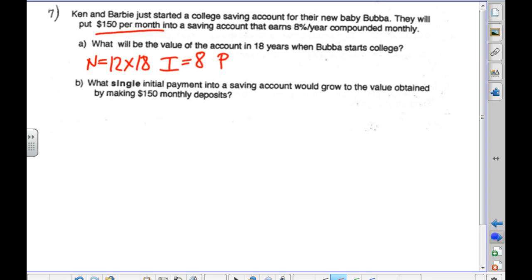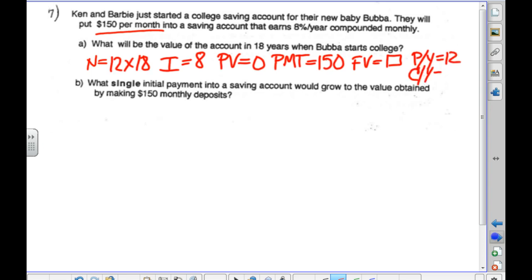What is I? Okay, what is present value? What is payment? What is future value? That's what we want to find, right? And payments per year, 12, and compoundings per year. Okay, so go to the finance menu and do this, everybody, so you remember where it even is.